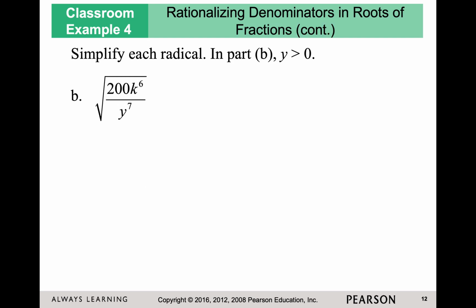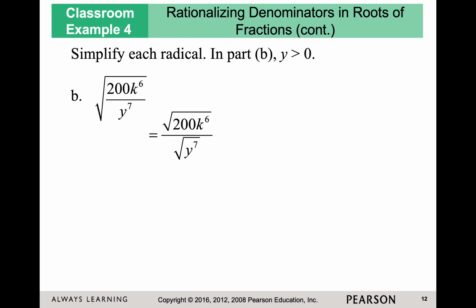All right, now let's look at this one. This one is a little different, right? Because I have a variable in the radical. So I go ahead and distribute the radical. That's the first step we're going to do. Now I'm going to think, can I simplify y to the 7th in a radical form?